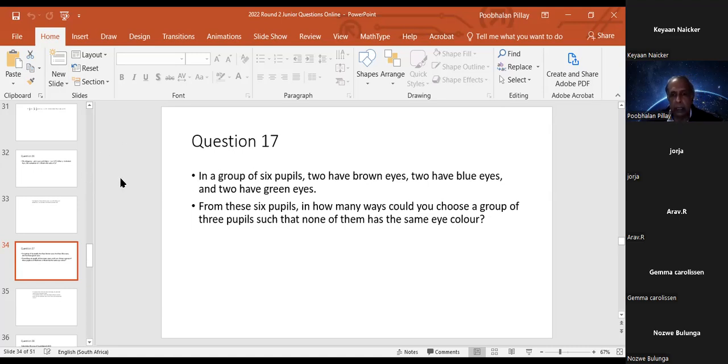Right. Now let's just identify them. Let's draw 6 pupils. So 2 have got green, brown, and blue. Oh, bad choice. Let's call it small b. So this is the blue. It's the brown and green.